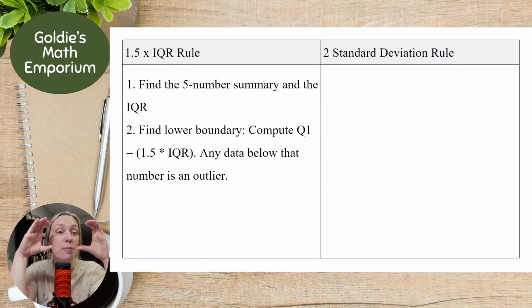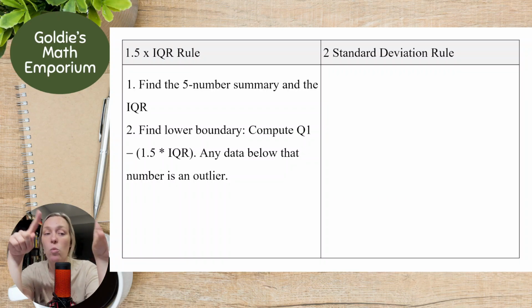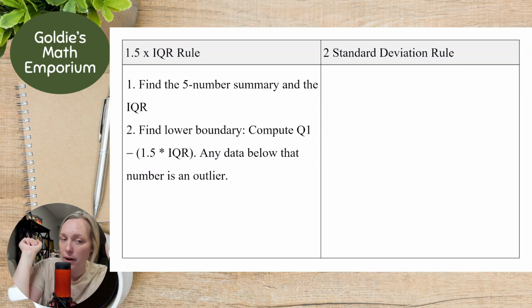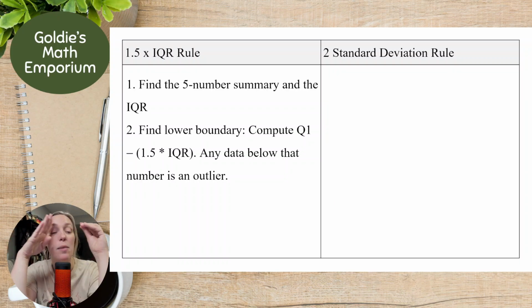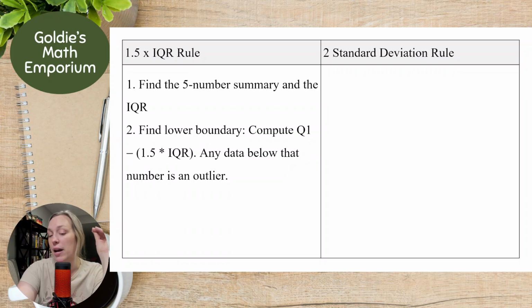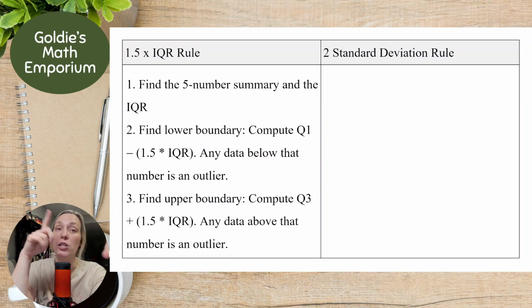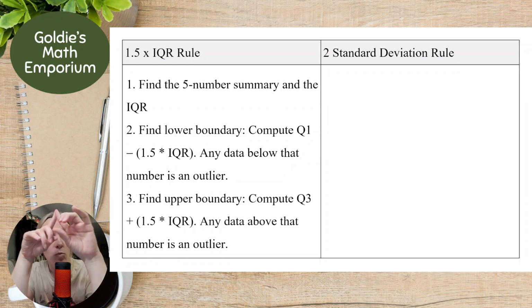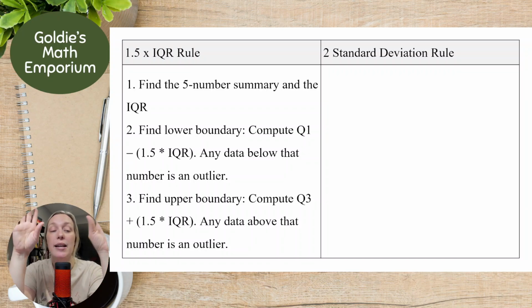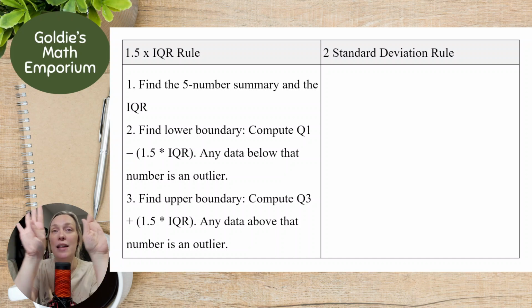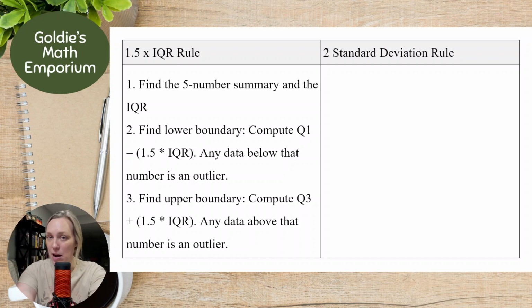To come up with these boundaries, your lower boundary, you're going to compute Q1 minus 1.5 times your IQR. Any data below that number is an outlier. Your upper boundary is Q3 plus 1.5 times IQR. And any data above that number is an outlier. So you'll have those 2 as your boundaries. And then anything outside of those is an outlier.